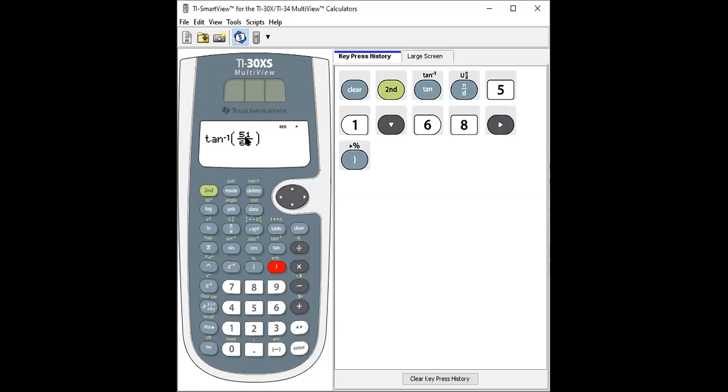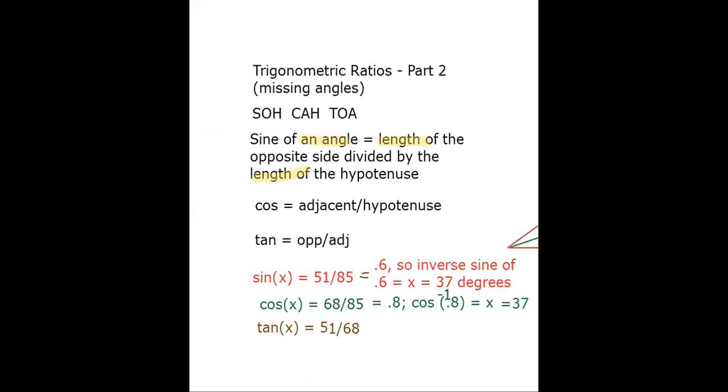So instead of converting this fraction to a decimal first, let's just put the fraction in and find the inverse tangent and see if that works. And lo and behold, it does. 37 degrees. So it makes no difference how you do it. You could actually put this whole fraction inside of those parentheses, and you're still going to get the same answer, which is 37 degrees.